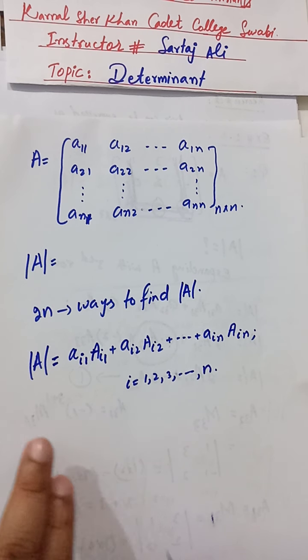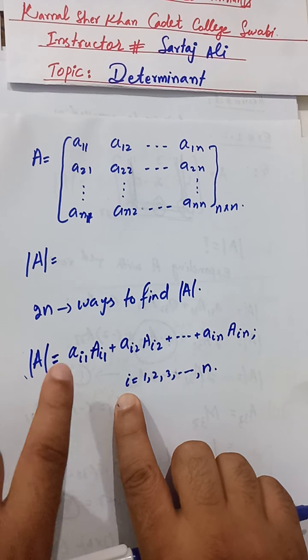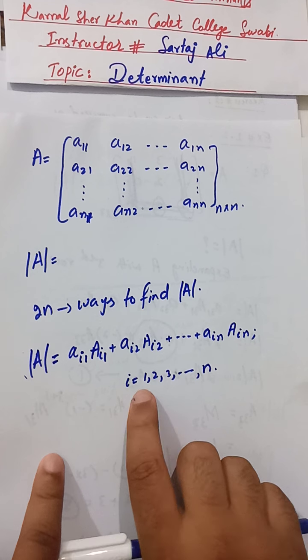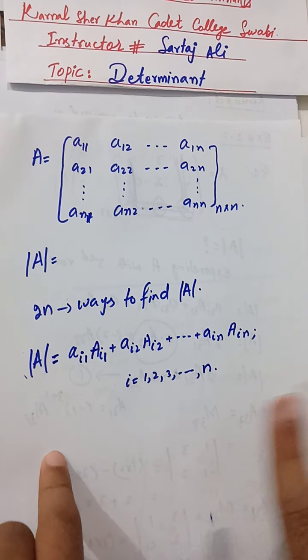So you see that if in this formula I choose i equal to 1, that will be the expansion along the first row. If I put i equal to 2, that will be the expansion along the second row.